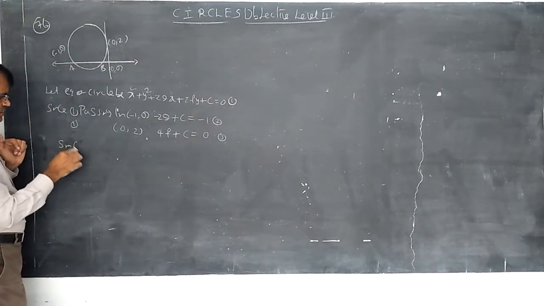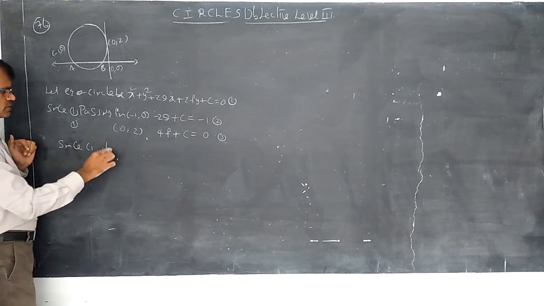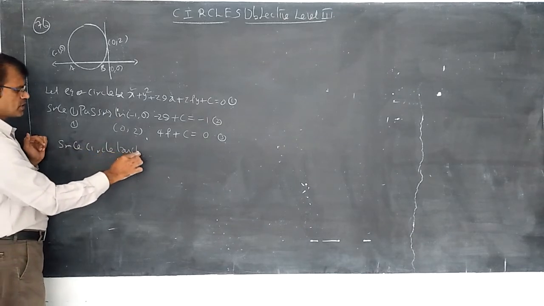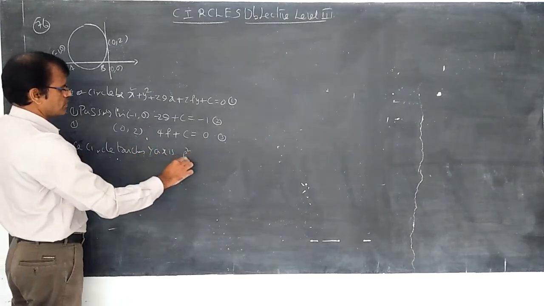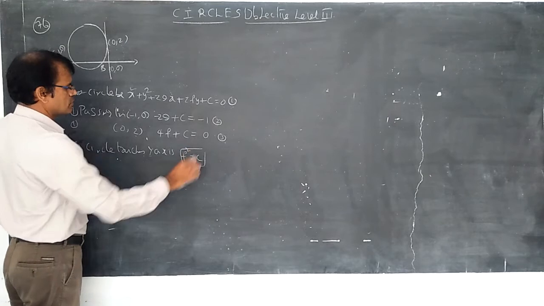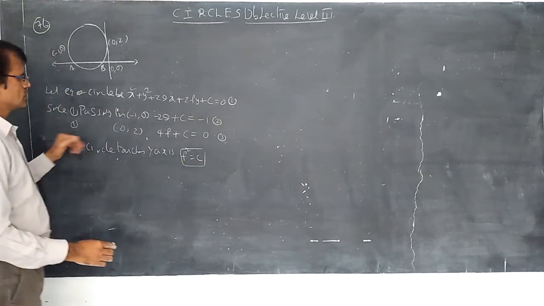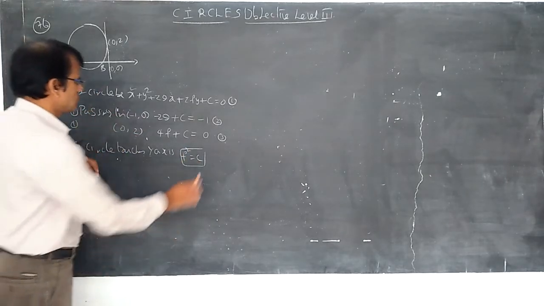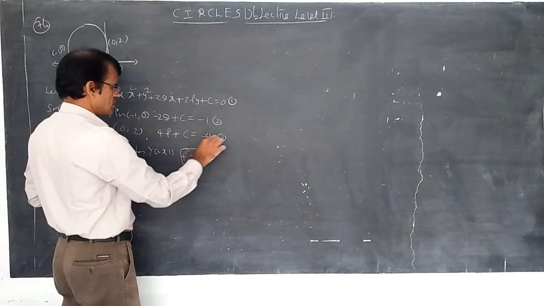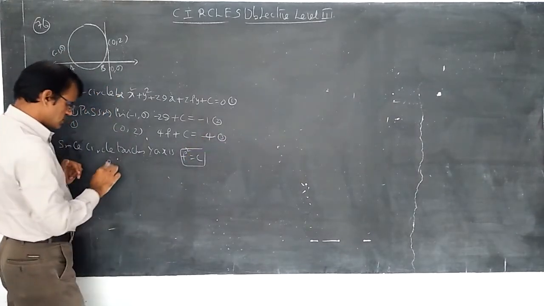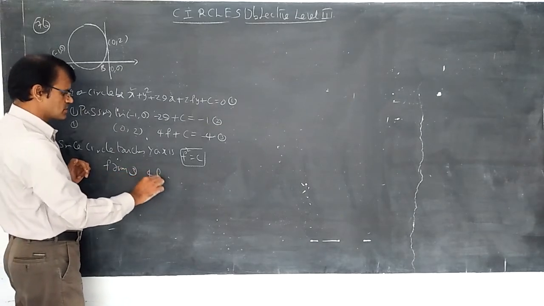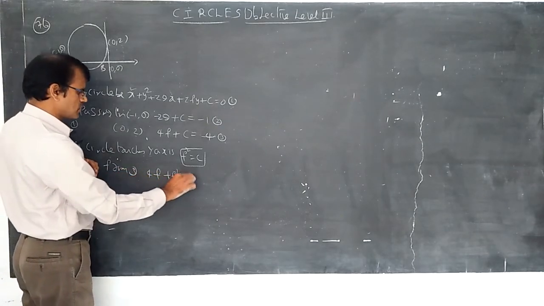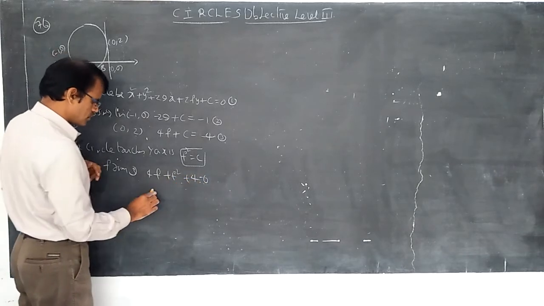Since this circle touches the y-axis, whenever a circle touches the y-axis, use the formula f square is equal to c. From 3, I am writing 4f plus f square plus 4 equal to 0.